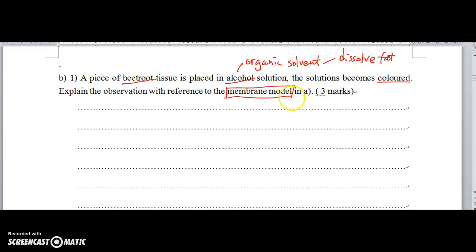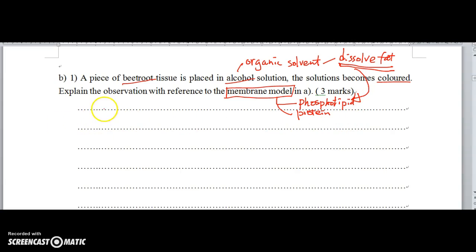So when we consider the membrane model, we have the lipid, phospholipid, and protein. You consider which part will be affected. Alcohol dissolves fat, and that's why it will act on the phospholipid.